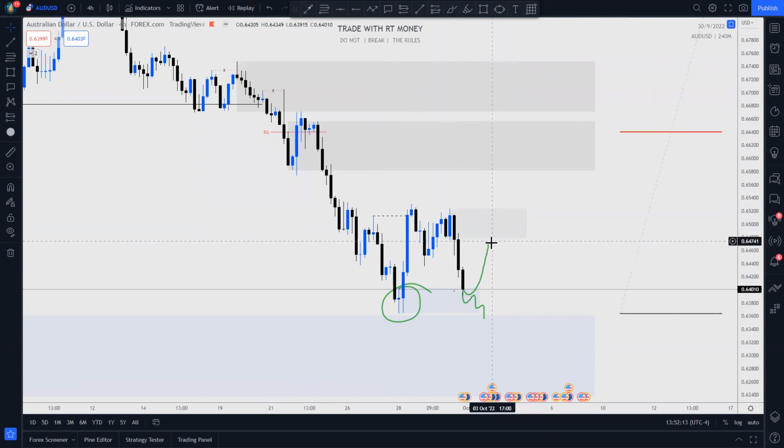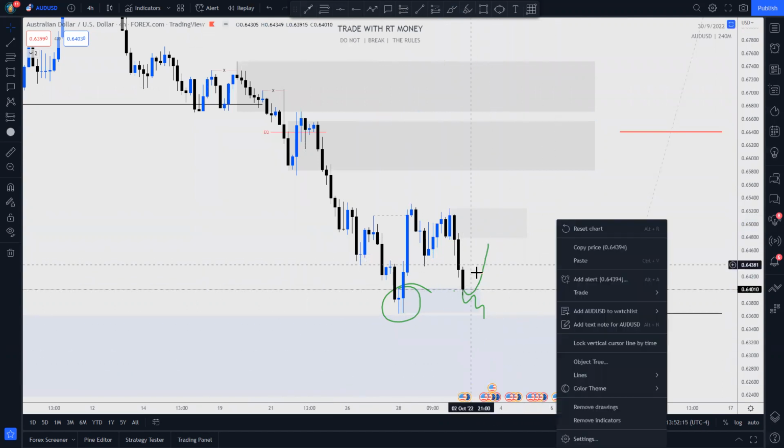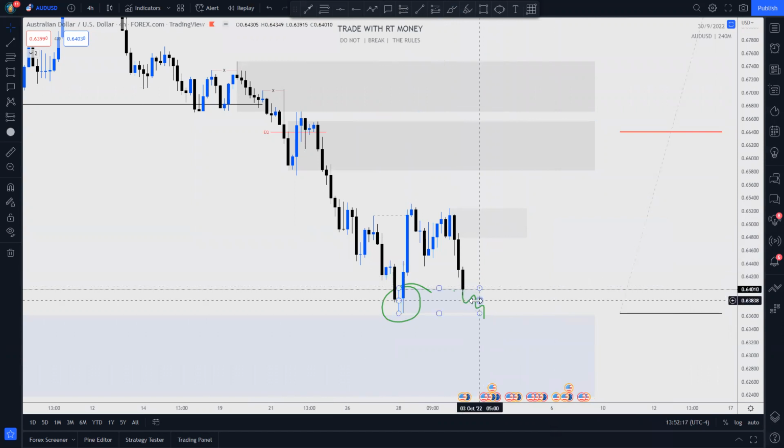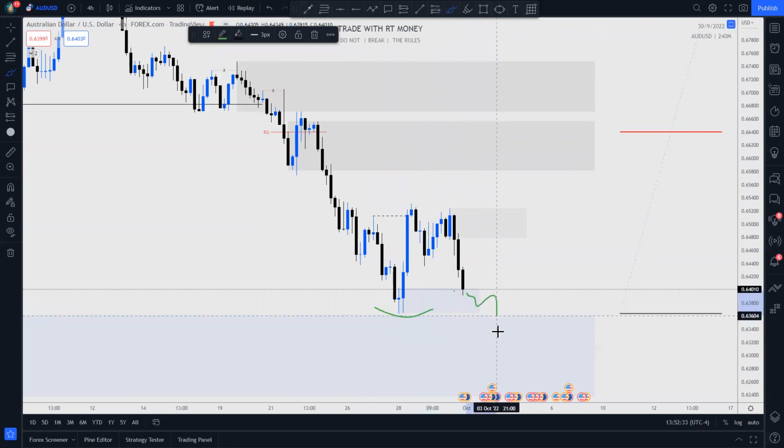Okay. If there is no pullback first, all right, price takes this low out, then I'm going to be looking for the low to be taken, and we mitigate here.